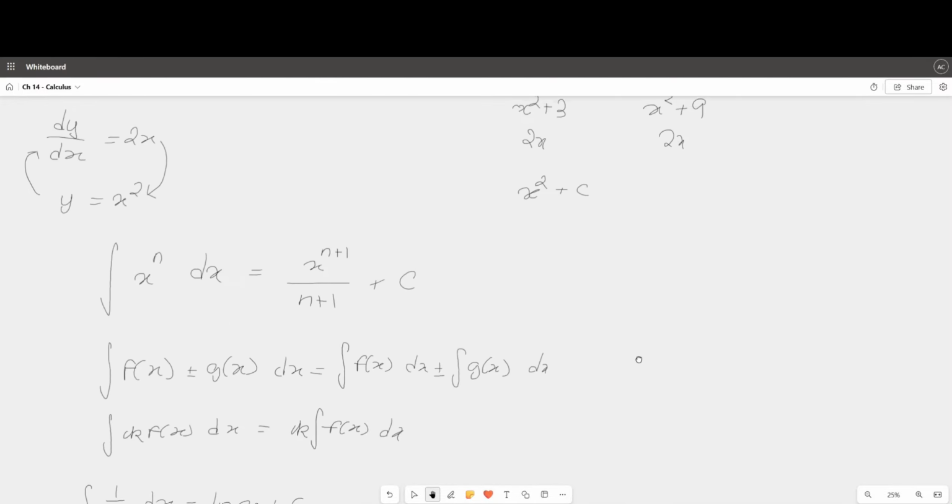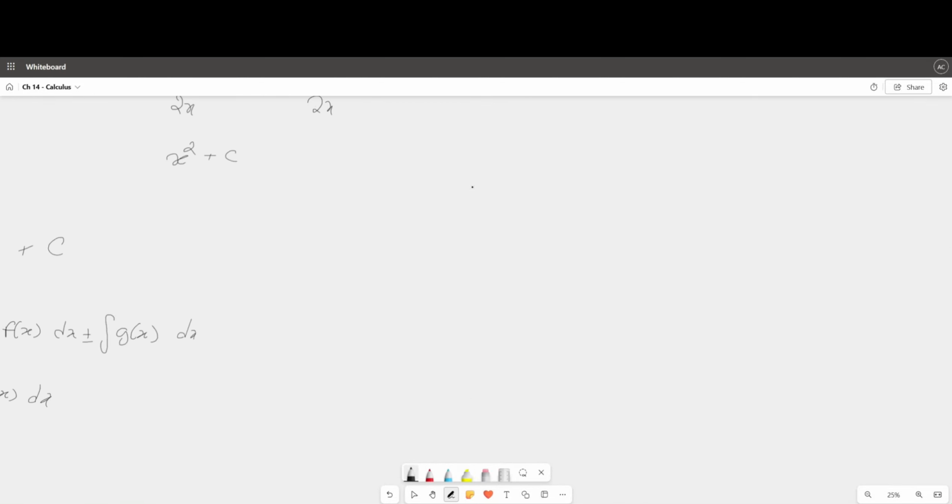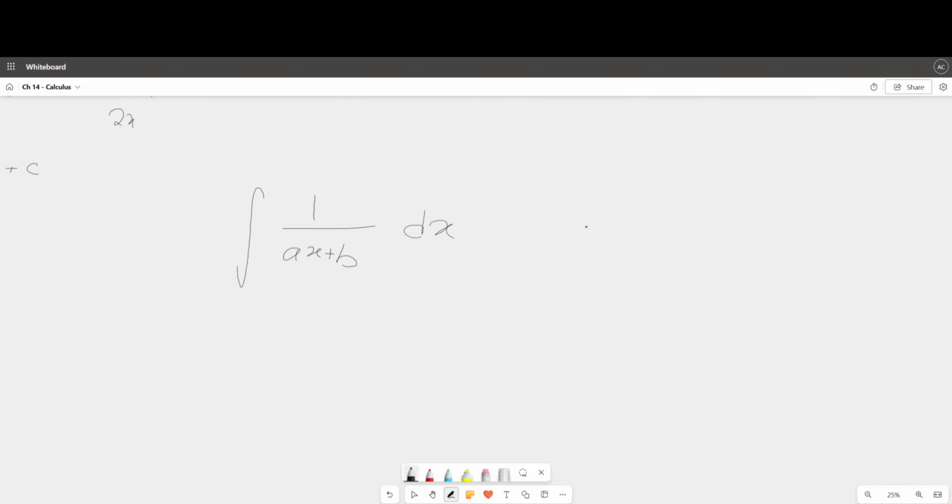Okay, now what to do when you're given something that should use the chain rule. Let's say the integral of 1 over ax plus b dx. What to do now? So, valid question. Well, what you're actually supposed to do here is compare it: what is this most similar to?